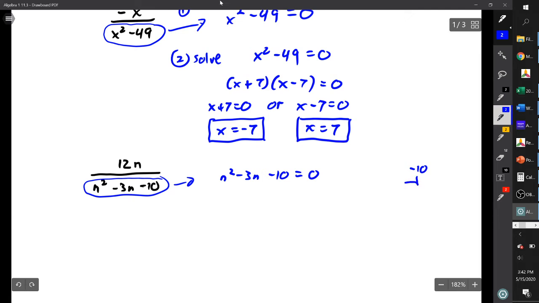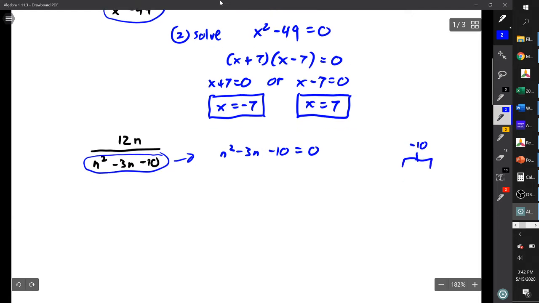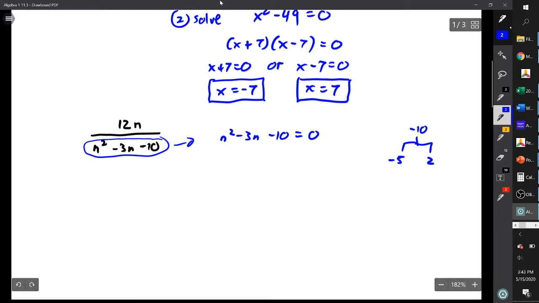So negative 10. Let's see what that factors to be. I could do 2 times 5, but it's negative, and I want it to add to be a negative 3, so I want the larger number to be negative. So I'm going to say negative 5 times positive 2. And let's check. Negative 5 times positive 2 is negative 10. Negative 5 plus positive 2 is negative 3. Okay, cool.